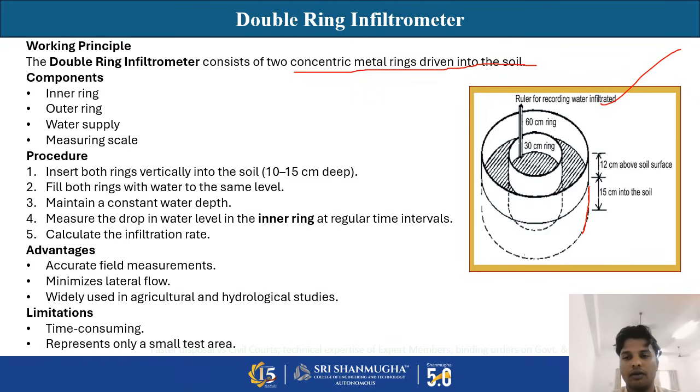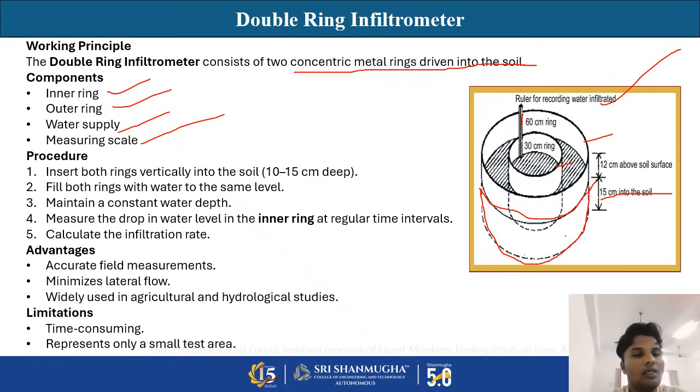The height of 15 centimeter, the bottom portion of that double ring infiltrometer, is inserted into the subsurface. The components are the inner ring, outer ring, water supply and measuring scale. So this is the measuring scale, this is the outer ring, this is the inner ring.